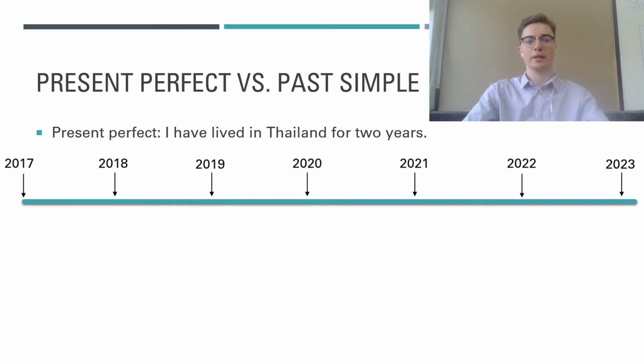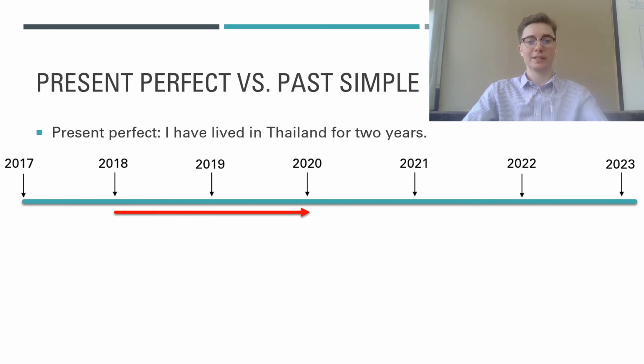On a timeline like this, if you were going to draw an arrow, where would you draw it? The answer is this. So I started living here in 2018, but I am still living here now. So I have lived here for 2 years.